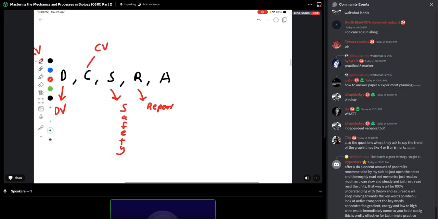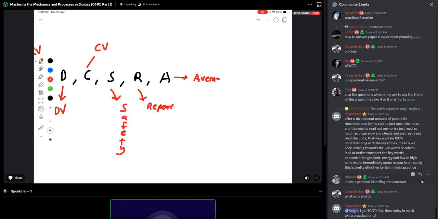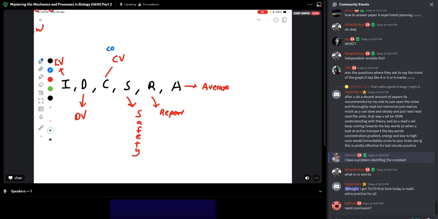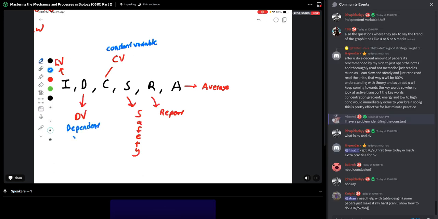If there is a numerical value, for example a calculation with a lot of different measurements, then this will be the average, so finding the average of a particular result. CV is the constant variable. DV is the dependent variable.